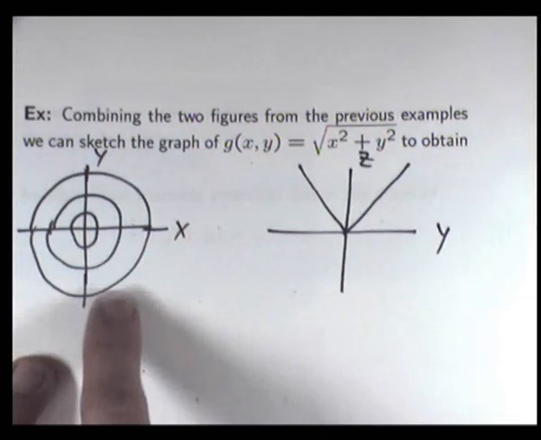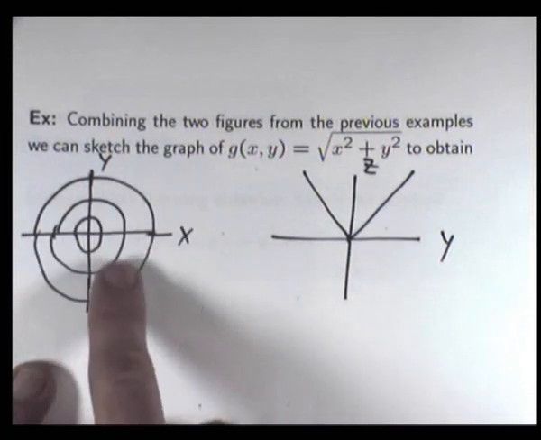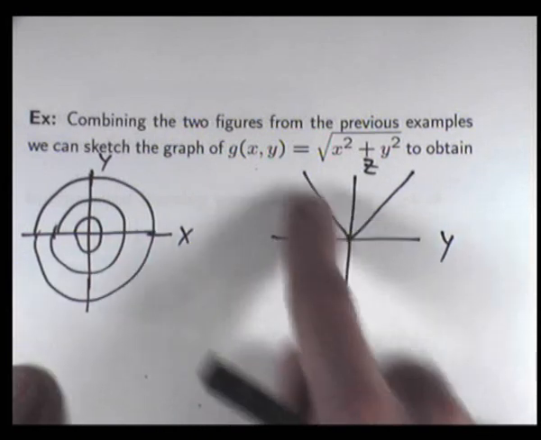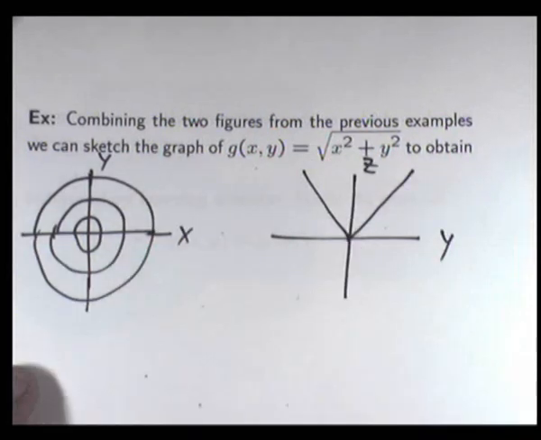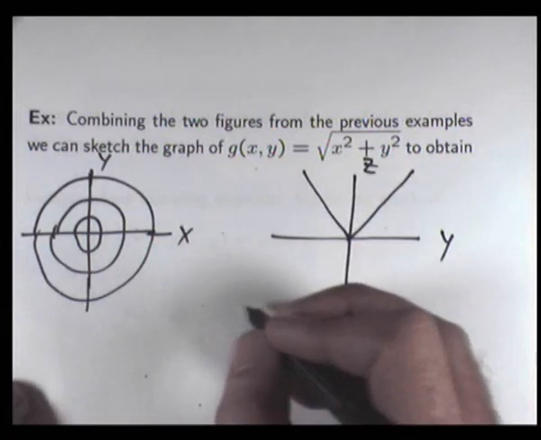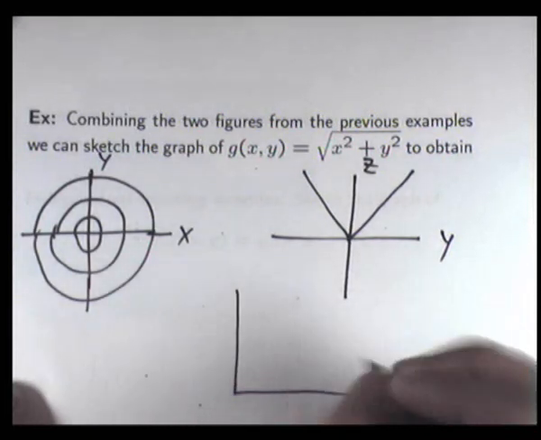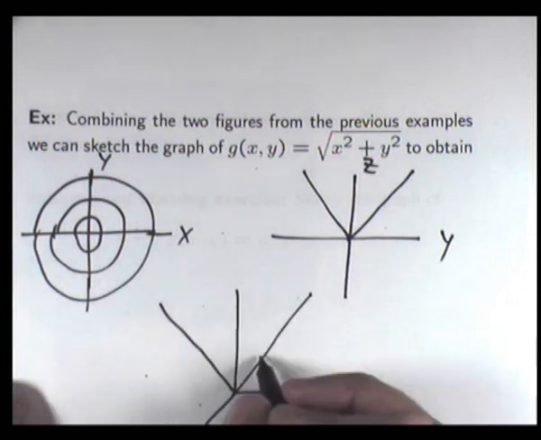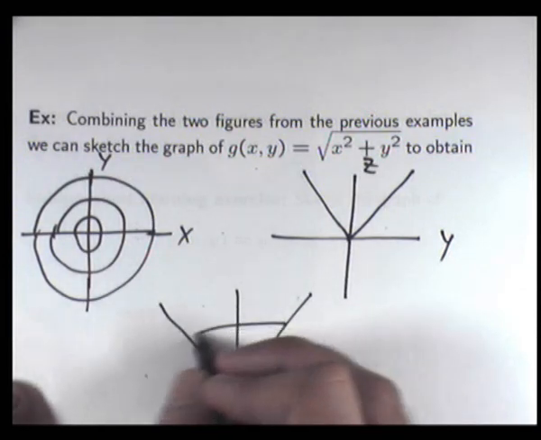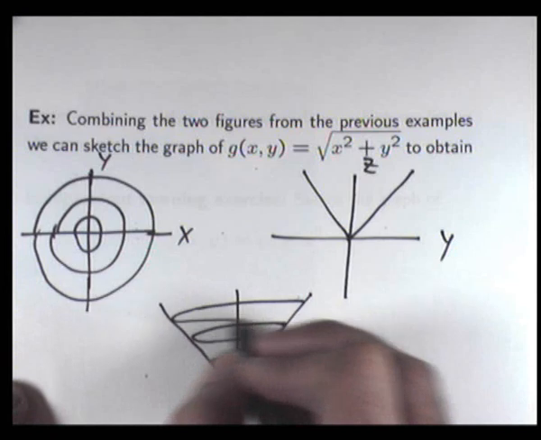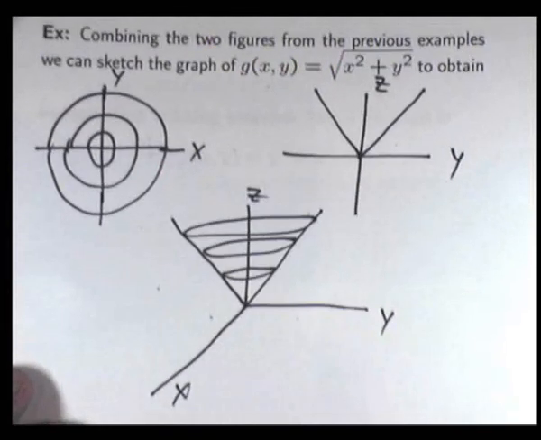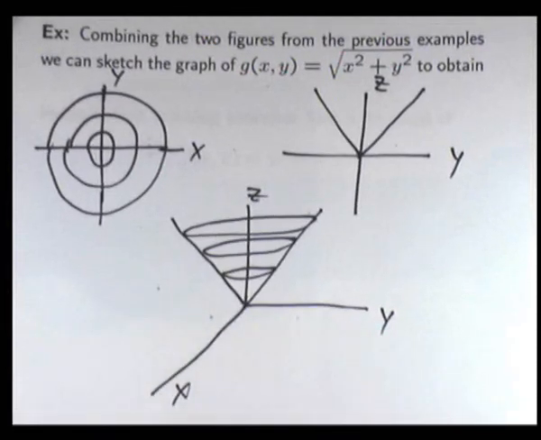Now, the contour curves associated with this lie above the xy plane because c was always positive, and they're bounded by this V-shaped curve. So putting this all together, we get something like this. In this case, we get something that looks like a cone.